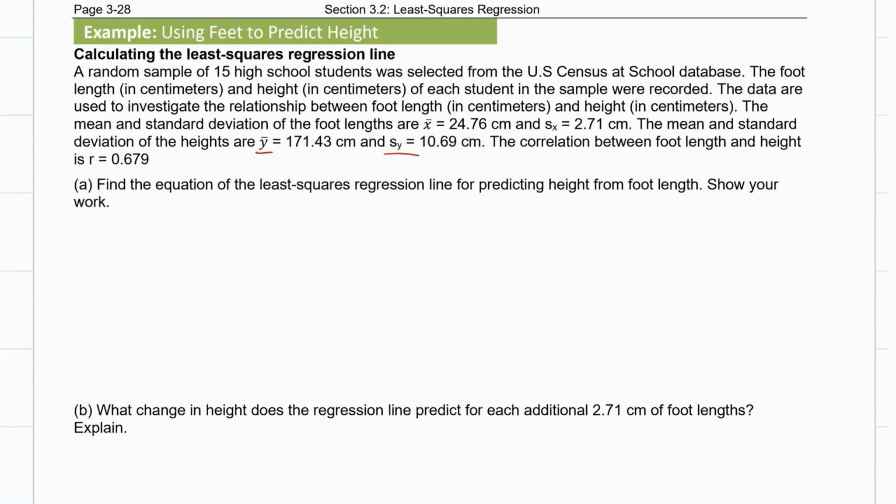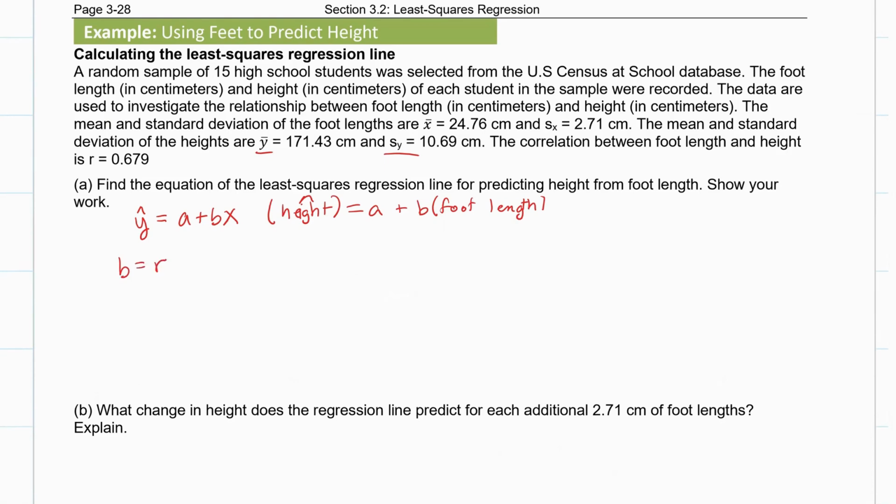Okay, so our job is to find y hat equals a plus b x, which could also be thought of as trying to find the predicted height based on the foot size, the foot length, right? And what were we told?